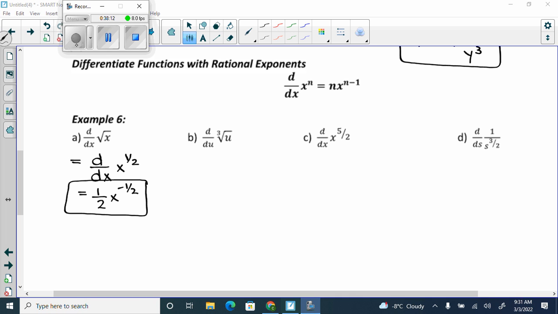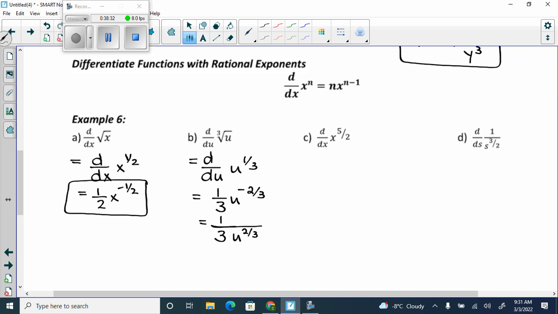Quick. So then this one is going to be equal to d over du of u to the third. So that's going to equal 1/3 u to the negative 2/3, which they might write with the negative 2/3 in the bottom. So 1/3 u to the 2/3. And then what is u to the 2/3? The cube root of u squared.